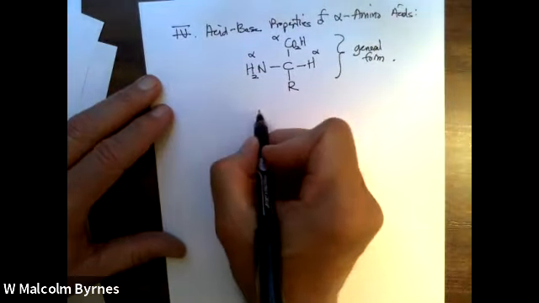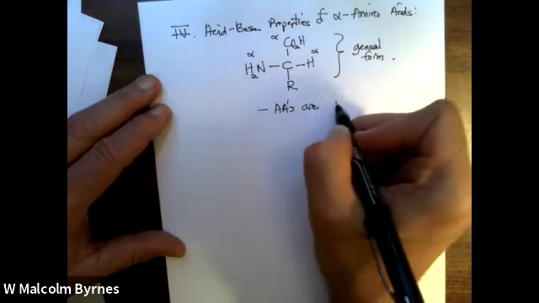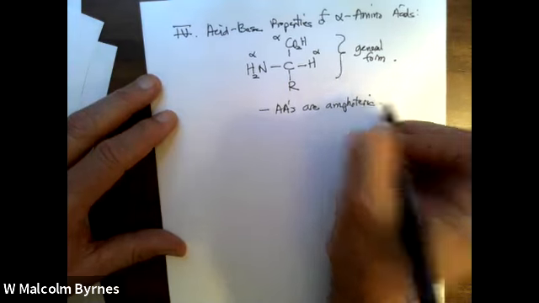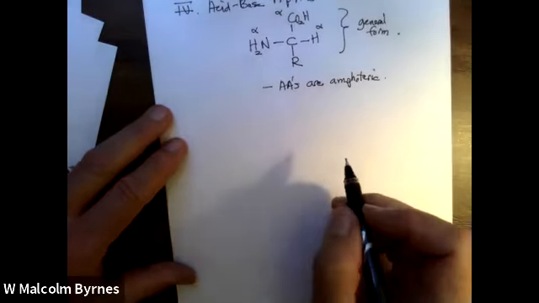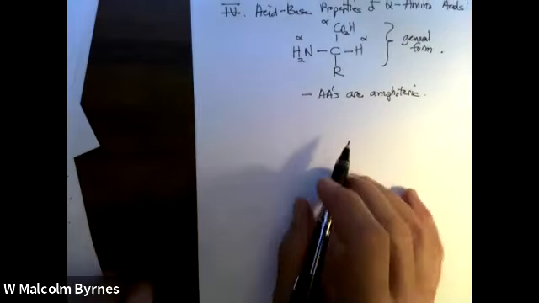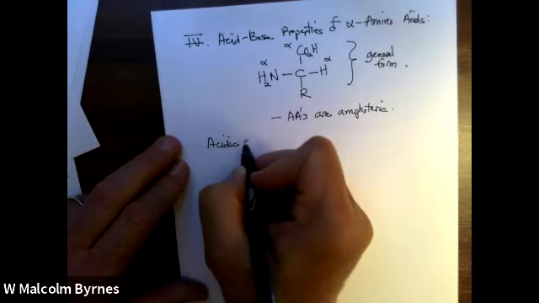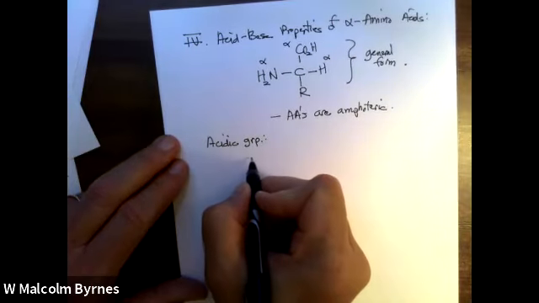Now, one thing about amino acids is that they are amphoteric. This means that they have properties of both acids and bases. They have both an acidic and a basic group. So let's look at the acidic group.